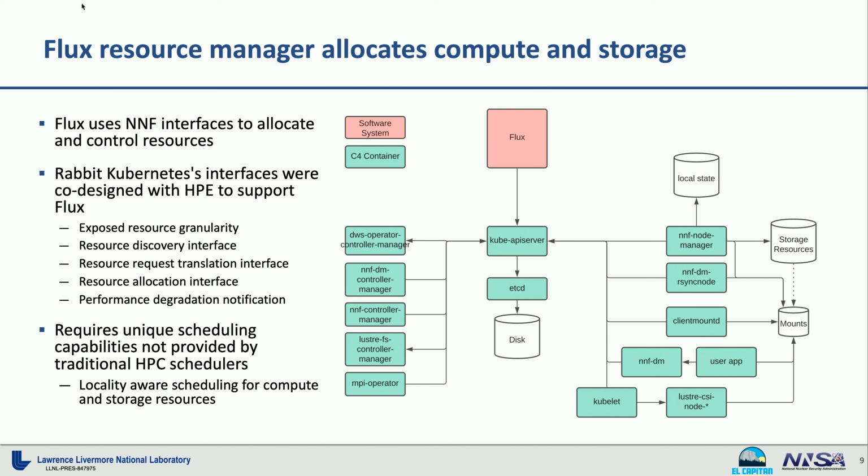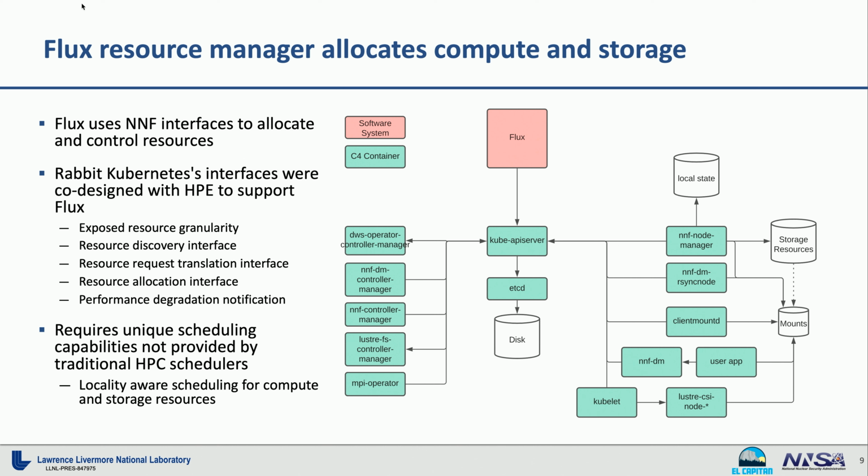Other use cases, like the Lustre targets, really aren't, because they're accessed over the network. So Flux lets the user specify what they need. It queries the rabbit orchestration software to find out the state of the various rabbits. It then allocates the specific rabbits, tells the rabbit software to configure the storage appropriately, and then launches the user's jobs.